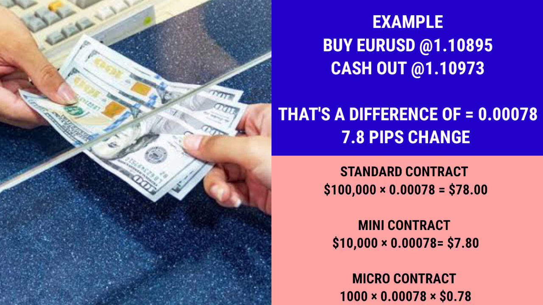So if we are to calculate it, on a standard contract where we are making $10 per pip, we'll be making $78 for 7.8 pips. On a mini contract, we'll be making $7.80, and on a micro contract, we'll be making 78 cents.